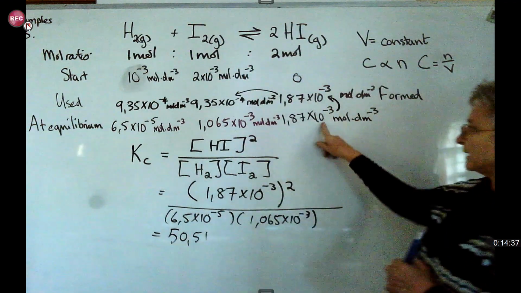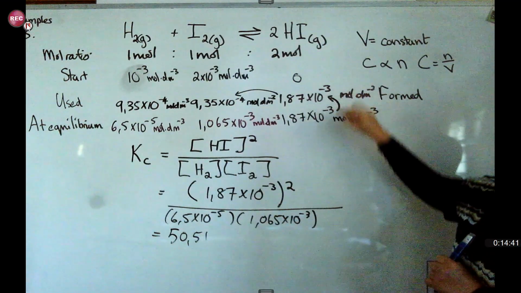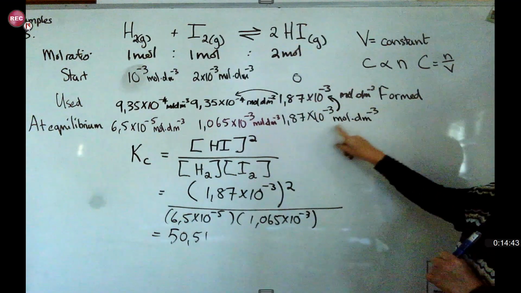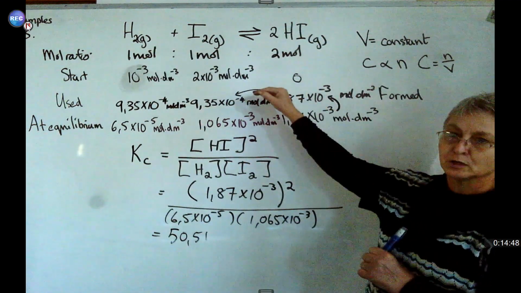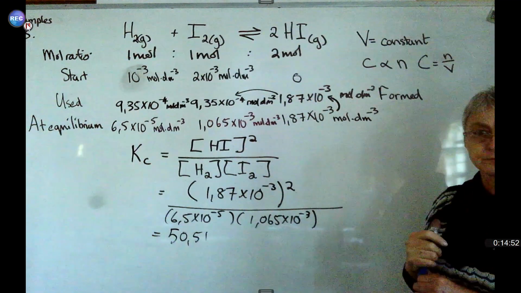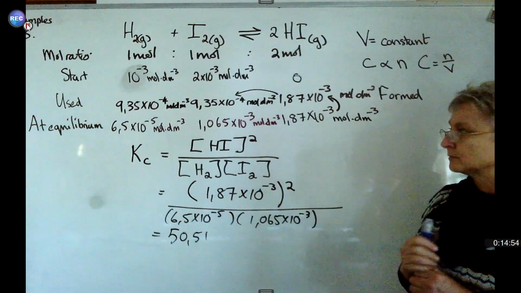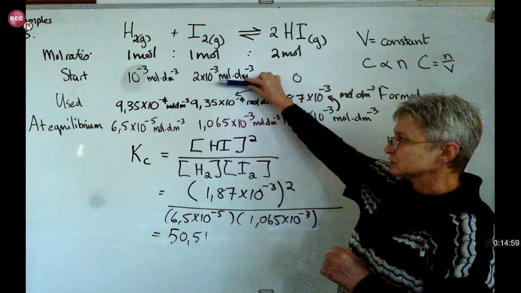This was at equilibrium, so how much was formed? That same amount had to be formed there. And then we divide by 2, according to the mole ratio, they react 1 to 2. This was the used amount of iodine.